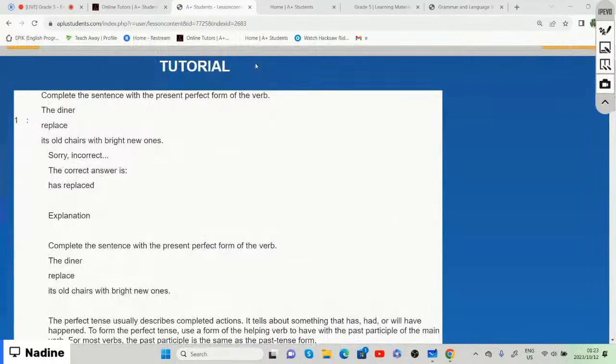If we look at this first sentence, we need to complete the sentence with the present perfect form of the verb.